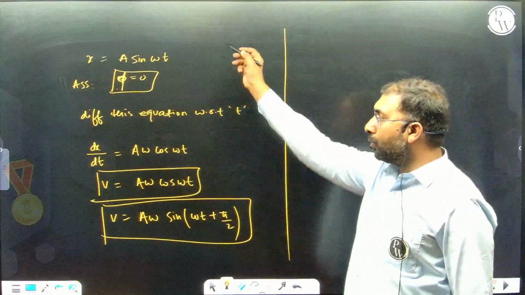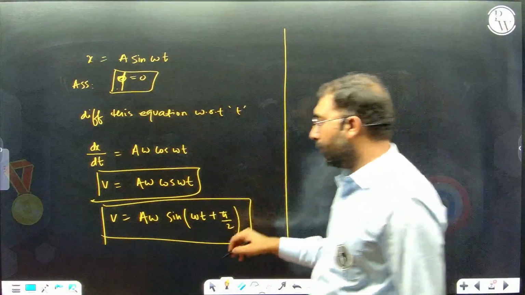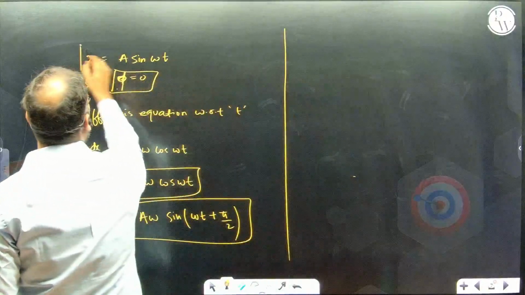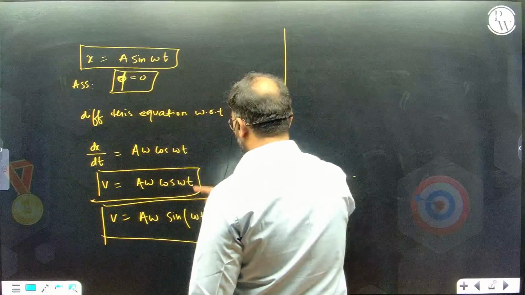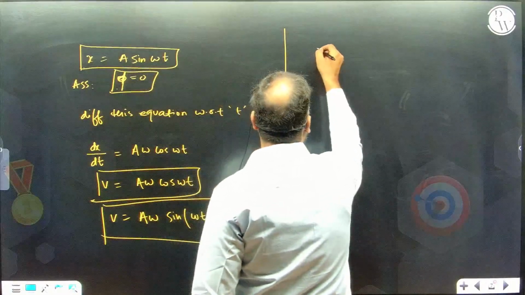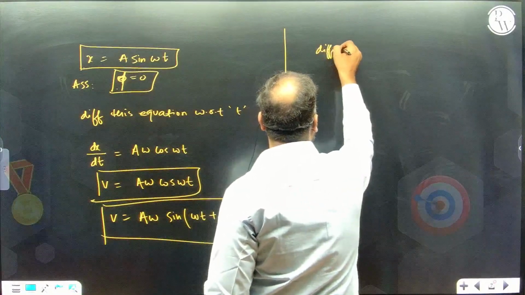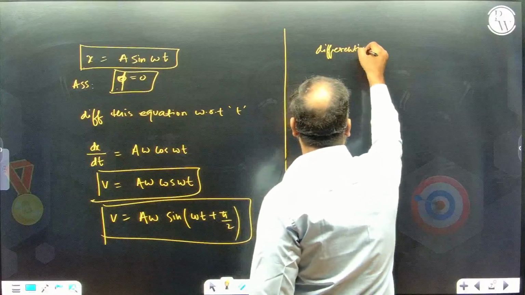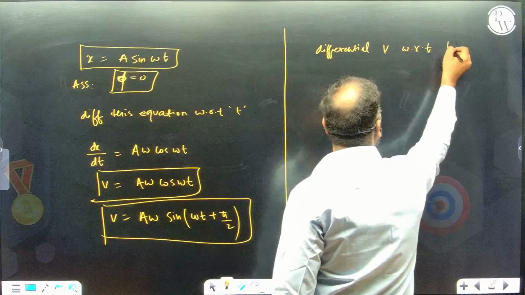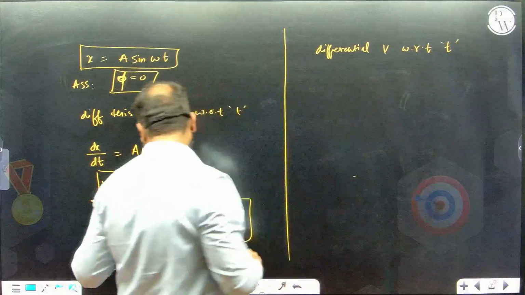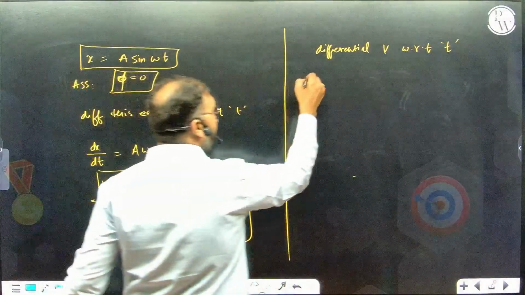So once we know the equation of displacement and the equation of velocity, I can also find an equation for acceleration. Differentiating this equation one more time, differentiating v with respect to t, I am getting, on the left hand side, dv by dt.